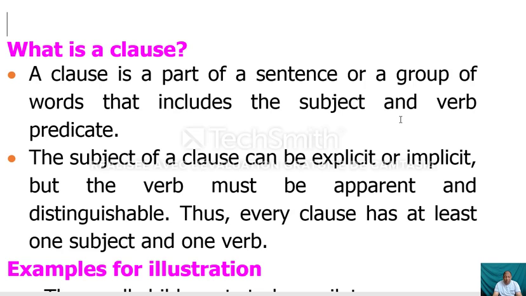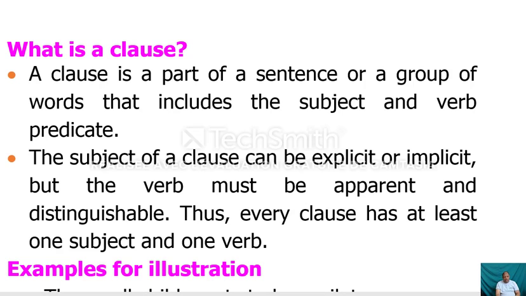But the verb must always be apparent, because we cannot discuss a clause if there is no verb in that clause. But the subject, maybe it is not apparent, but it's there, as in the case of the imperative. In general, when we speak about a clause, you need a subject and a verb.